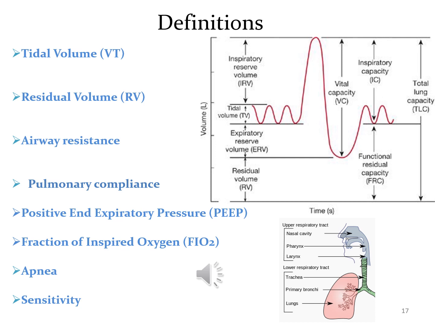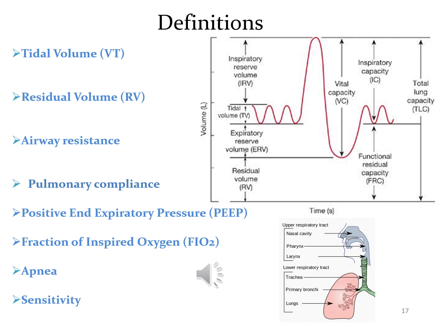Definitions: tidal volume (Vt) is the volume of air inspired or expired with each normal breath. Residual volume (Rv), the volume of air remaining in the lungs after a maximal exhalation. Airway resistance, the resistance of the respiratory tract to airflow during inspiration and expiration.